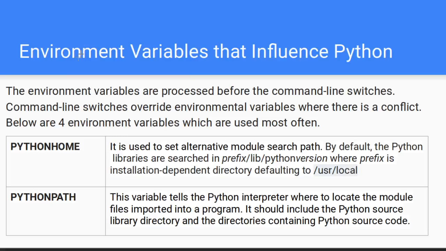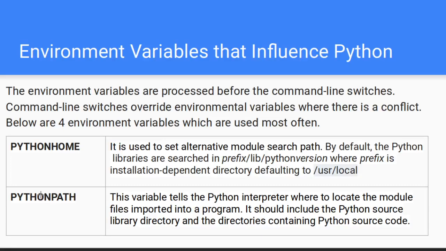And now onto the environment variables. There are 4 of them we're going to discuss. PYTHONHOME is used to set an alternate module search path, where to look for libraries.